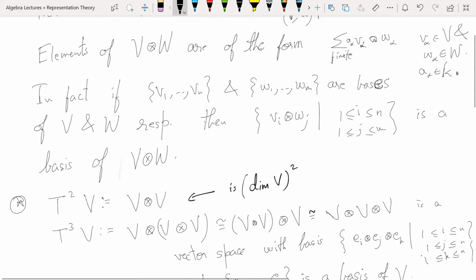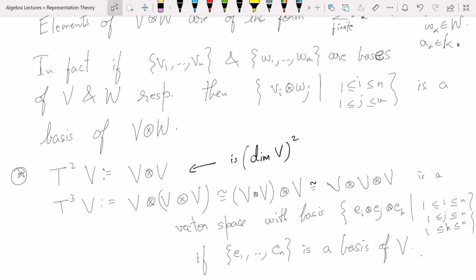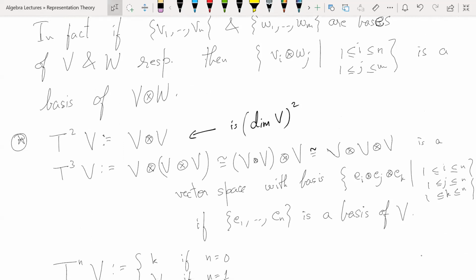So this triple tensor product you can think of as a vector space whose basis is e_i tensor e_j tensor e_k, where i, j, k vary between 1 to n, and e_1 to e_n is a basis of V. So it's fairly explicit what this vector space is. And it again comes with a multilinear map now.